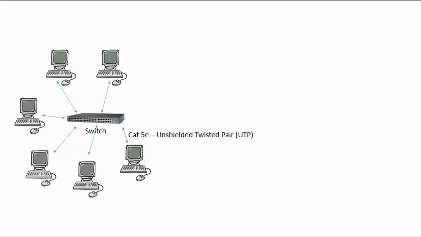Now, you do have some devices that are not wired. If they were wired, then you could share data via these cables, via this Cat5e through the switch to the destination and back and forth.